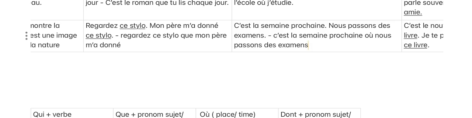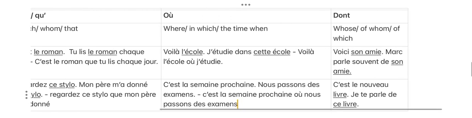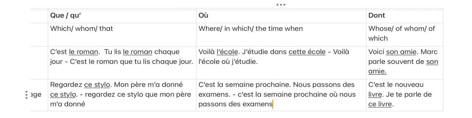It's the next week when we give exams. And in the end, we have the simple relative pronoun dont, which means whose, or of whom, or of which. Let's have a look at the first example. Voici son ami. Here is his friend.